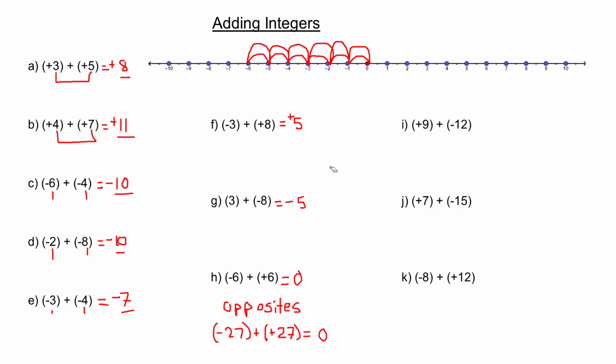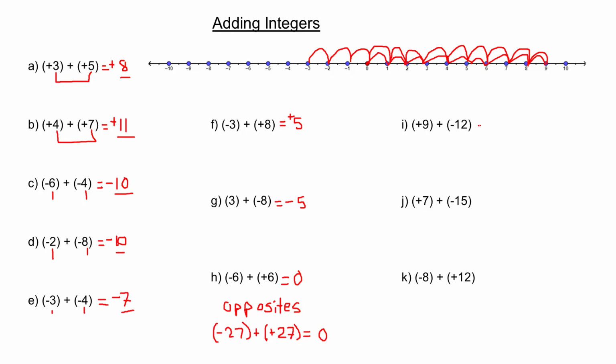Okay, let's get rid of this up here. Okay, so I, positive 9, so we're going to go 1, 2, 3, 4, 5, 6, 7, 8, 9, and then we're going to add negative 12 to it. So I'm going to go 12 back here. So 1, 2, 3, 4, 5, 6, 7, 8, 9, 10, 11, 12.